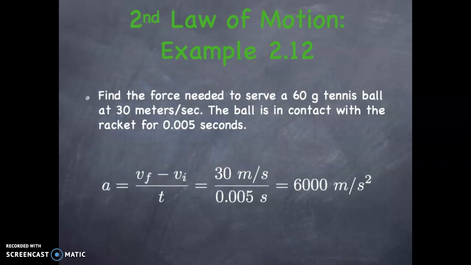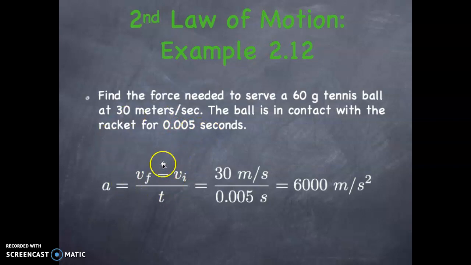So we're going to do that, and then we're going to find what must be the force to produce such an acceleration. Find the force needed to serve a 60-gram tennis ball at 30 meters per second. Serve means to impact. The ball is in contact with the racket for no more than 0.005 seconds.